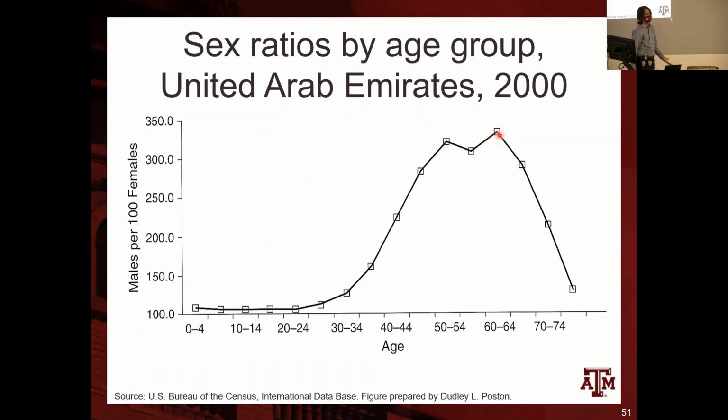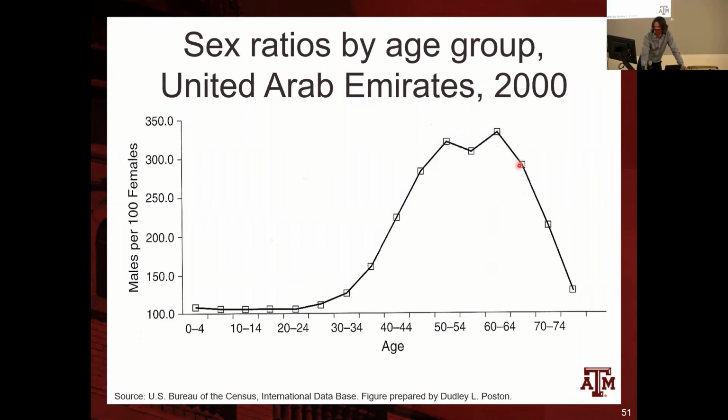Why is that? Because these countries rely a lot on immigration from other countries of male workers to work in the oil industry, and they usually give preference to men as immigrants to work in those countries. So exactly in these labor ages, you see more men than women, until 60 to 64.